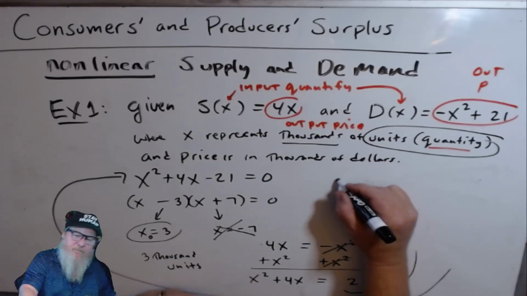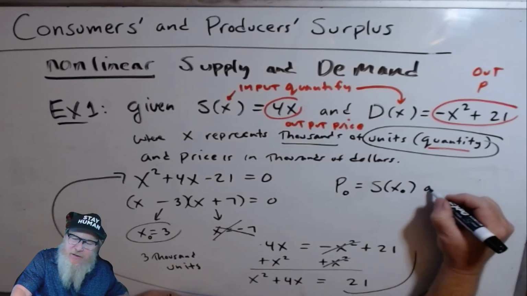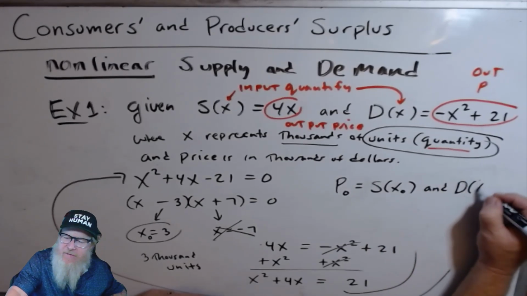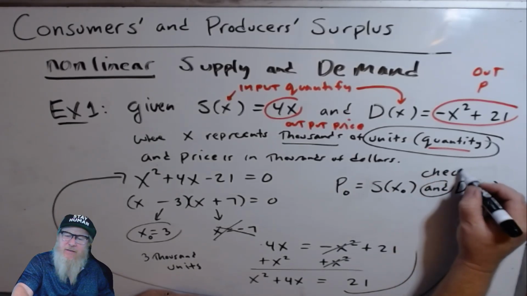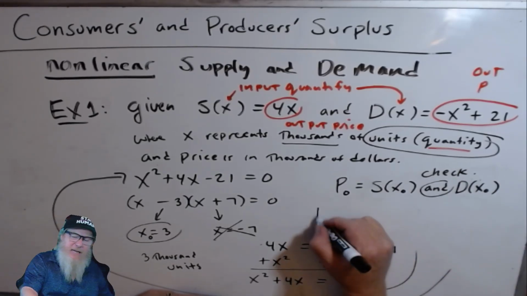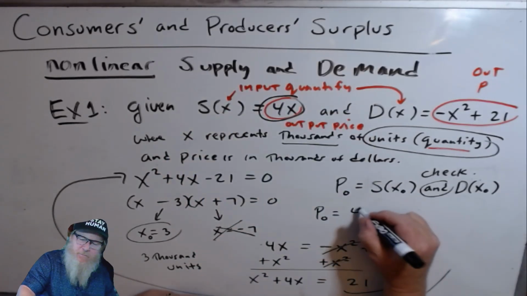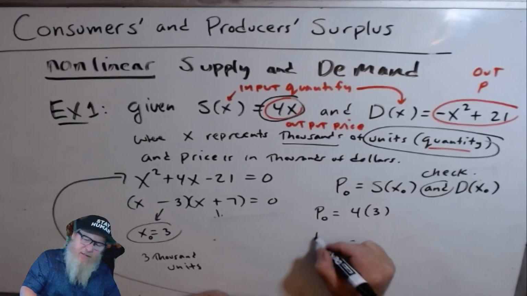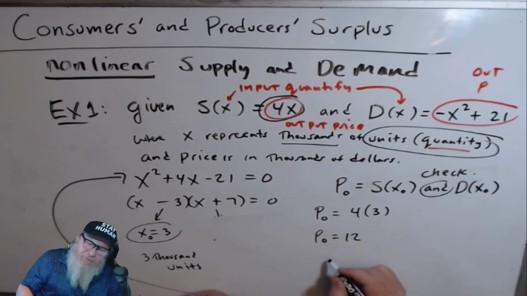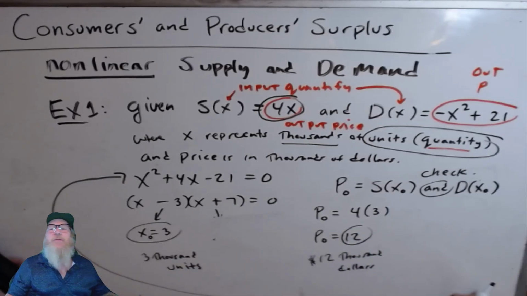All right. And then p sub 0 should be equal to s of x sub 0, and it should be equal to d of x sub 0. I would check that they have the same price. So let's plug it into the supply function, 4 times 3, and we get a price of $12,000, which we will just represent with the number 12.